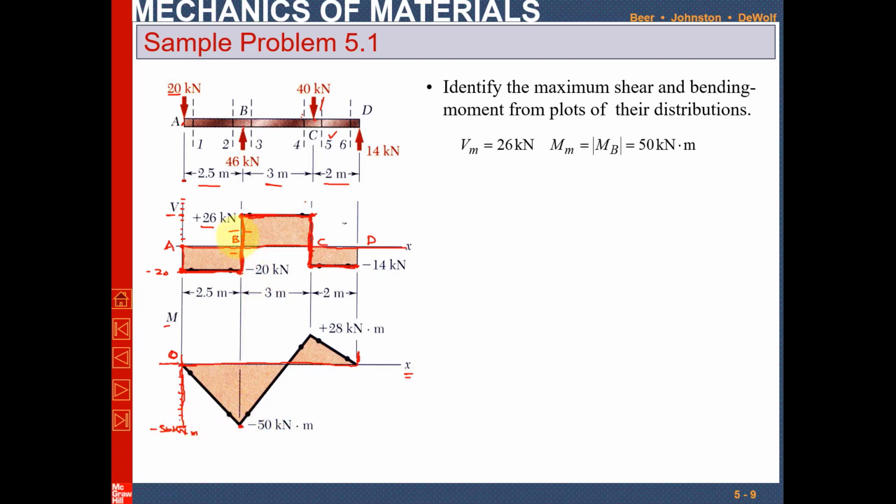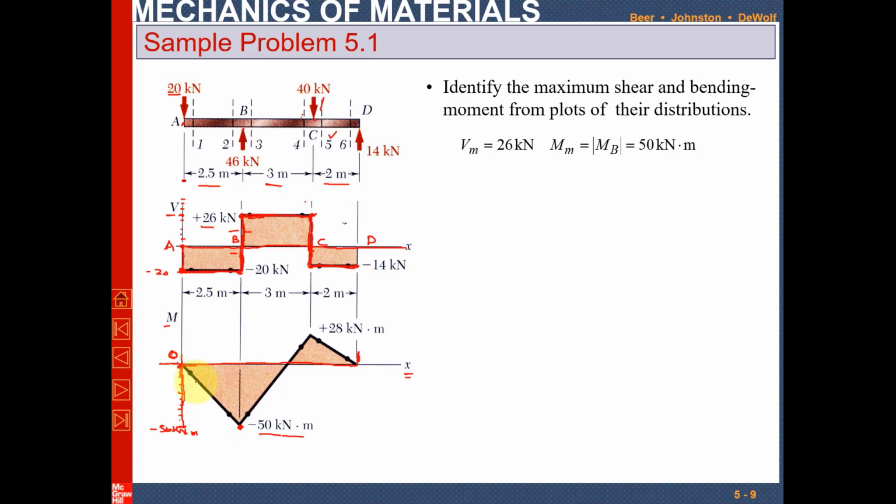Point 2 lies at point B, because we have told you that point B is so close that it is just before point B, at a distance of 2.5. So at a distance of 2.5, at point B, you have to draw the minus 50 kilonewton meter. Now the question is that we have point 1 and point 2.